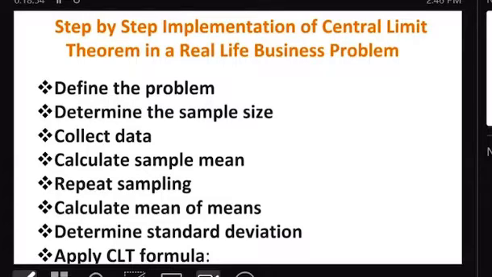Okay. Number two, determine the sample size. We have a way to determine sample size in statistics, depending on the amount of error we want to tolerate, the level of confidence, and so on. We have a topic designated for that we call sample size determination. But you know what?